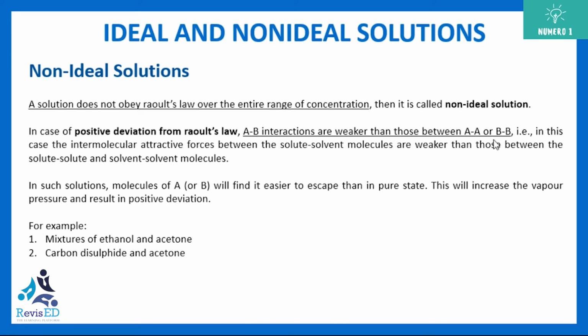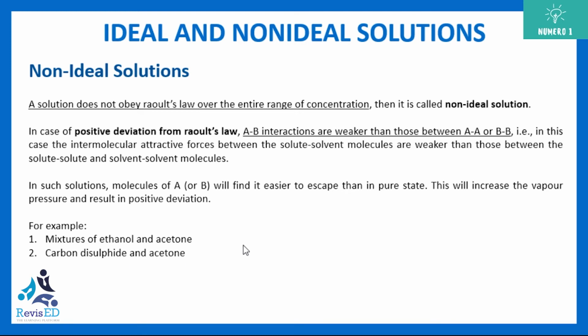Very important, they are actually trying to stay in the gaseous state. So in such solutions, molecules of A or B will find it easier to escape in pure state, that is in the gaseous state. That's why this will increase the vapor pressure and results in positive deviation. Examples are very important from an exam point of view: ethanol and acetone mixture, carbon disulfide and acetone mixture.